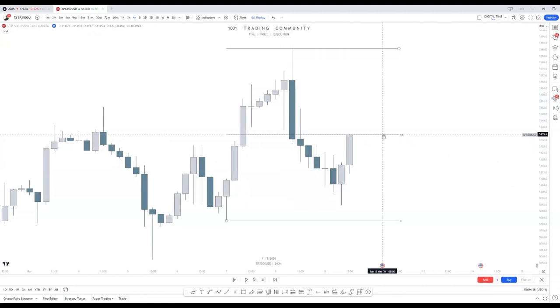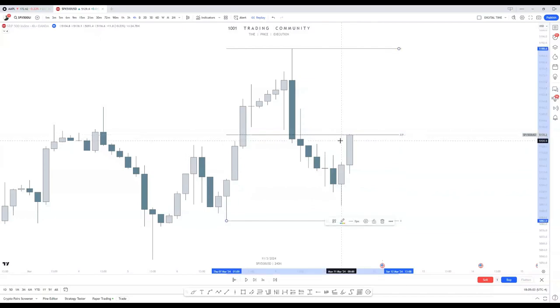So on these occasions, before we dissect this further, if you were to long here, you can target half the range. So this was the low and high. You could see how the algorithm, specifically after making this low and creating a turtle soup right here, pushed towards the equilibrium of the range.